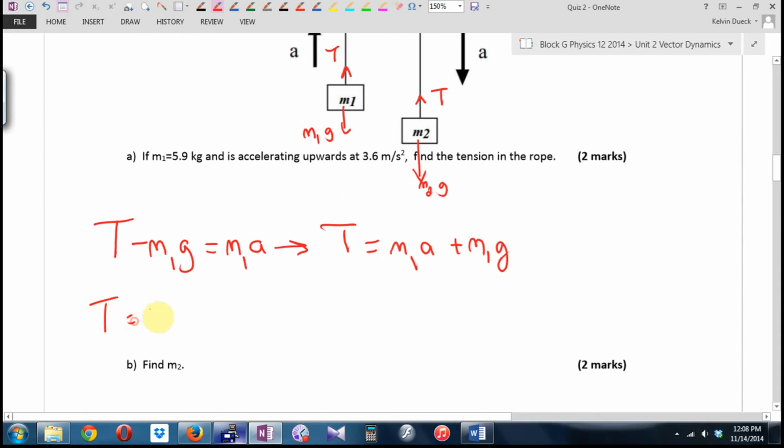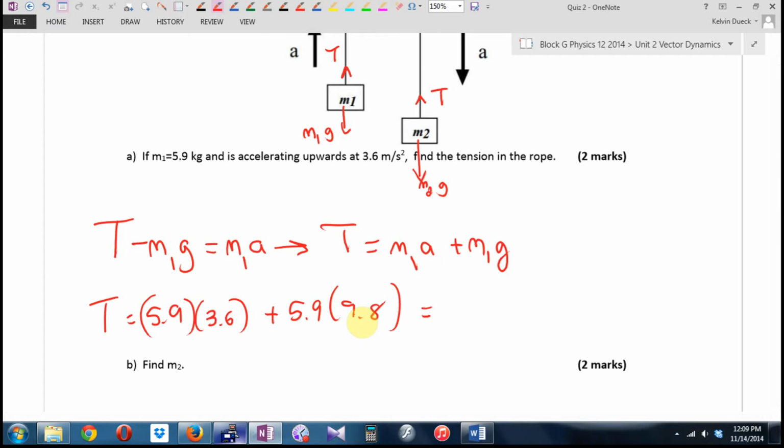Tension is going to be 5.9 times 3.6 plus 5.9 times 9.8. Do that one in your head, Mr. Dueck. Well, let's see if I can. I can factor out a 5.9. It's going to be 9.8 plus 3.6, which is 13.4. 5.9 times 13.4. Well, 6 times 13.4.